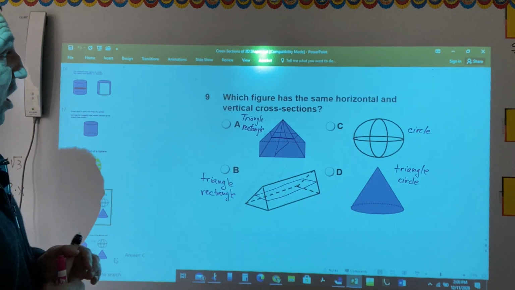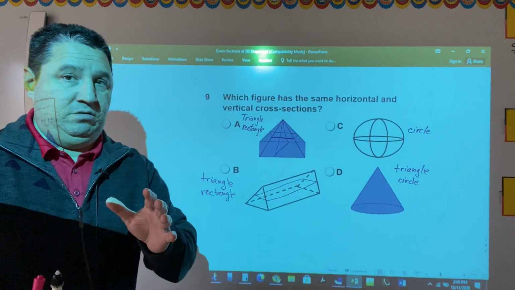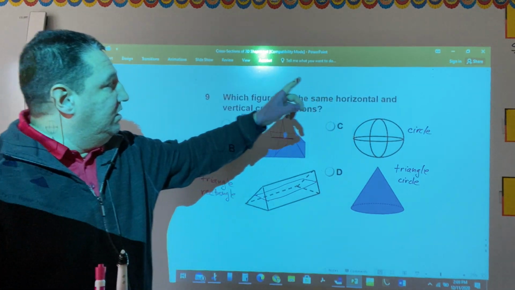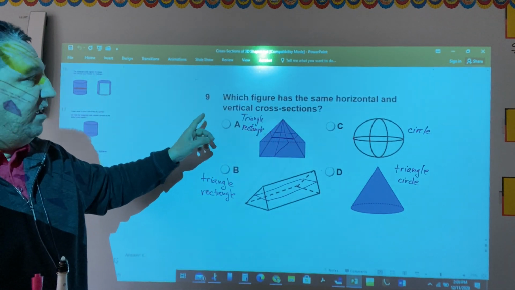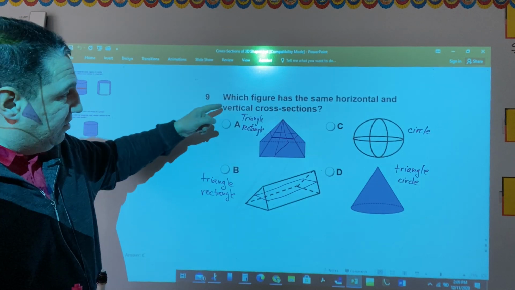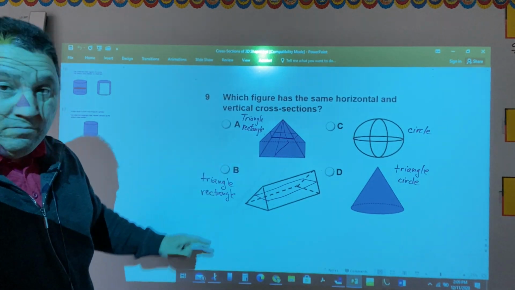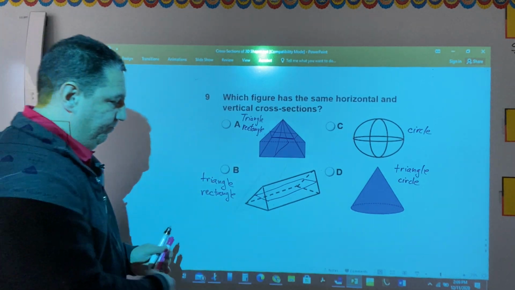So the only objects that have the same horizontal cross section and vertical cross section are A and B. Good.